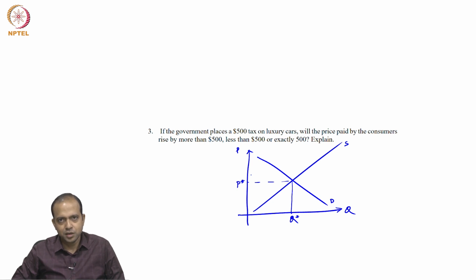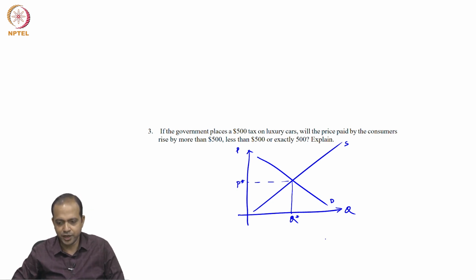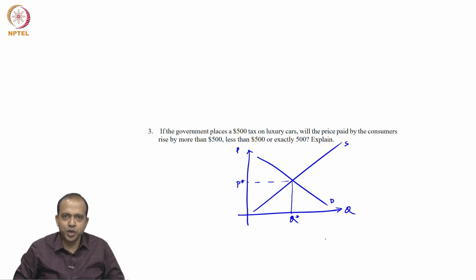Demand will remain unchanged. If we assume that the tax is imposed on the buyers, then the demand curve will shift rightward. But what we have learned is that the consequence of taxation does not depend on whether the tax is imposed on the buyer or the seller.